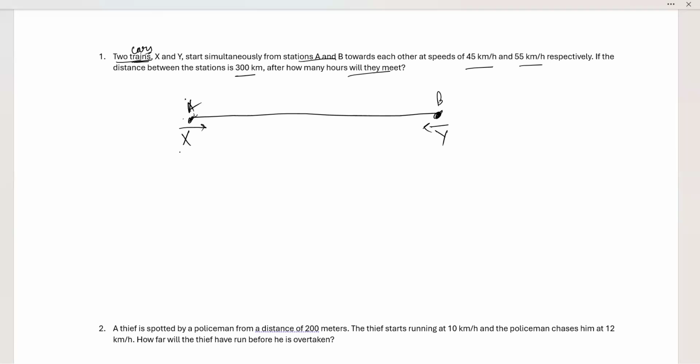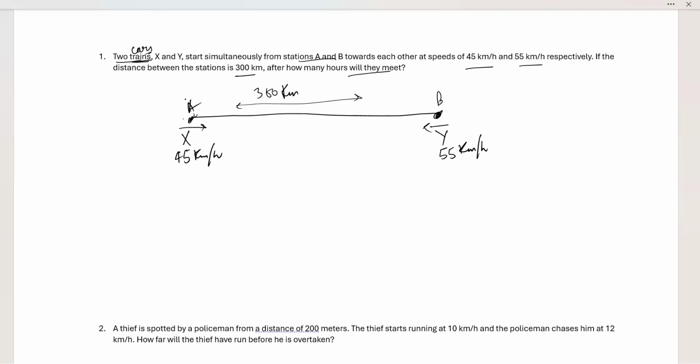The speed of X is 45 kilometer per hour and the speed of Y is 55 kilometer per hour. Okay, and the distance between them is 300 kilometers. Now we have to find out after how much time, how many hours, will they meet?